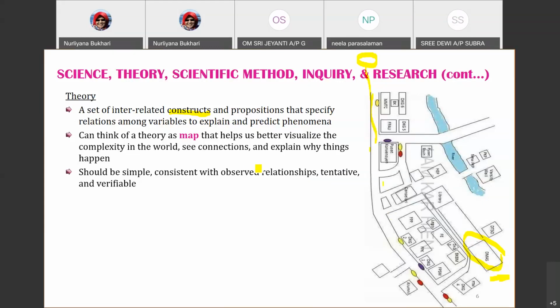There's nothing set in stone, but if it is an established theory based on rigorous studies, then it won't be changed easily. You cannot just simply change it.